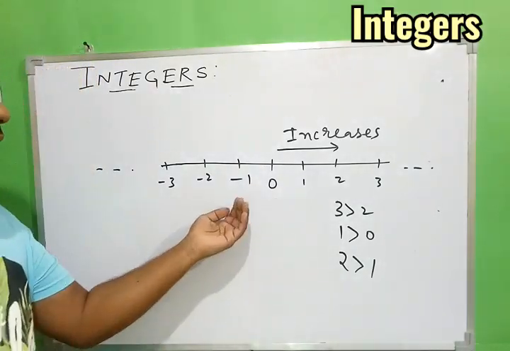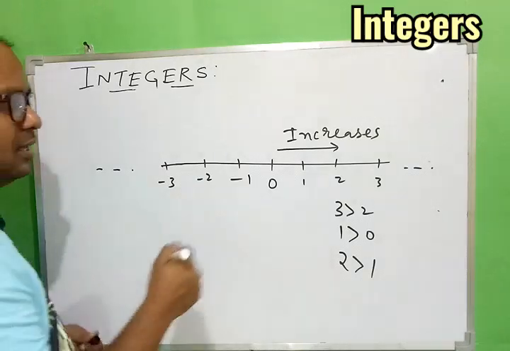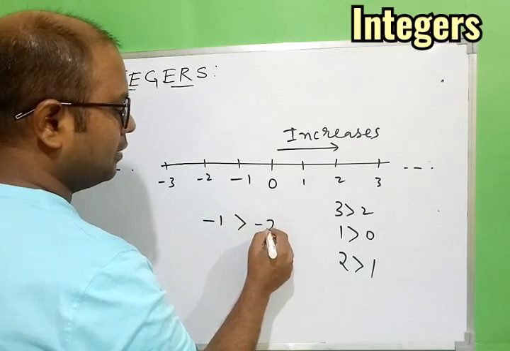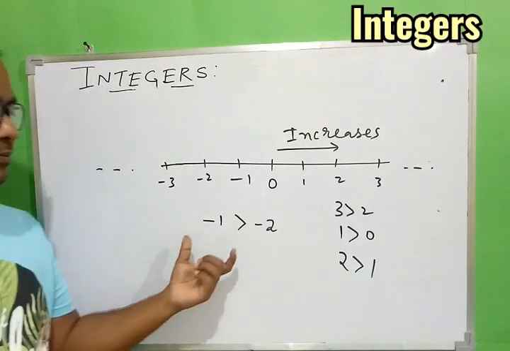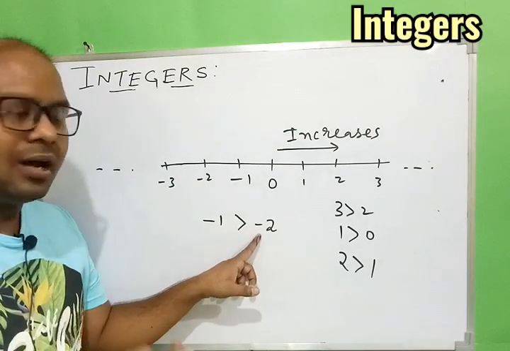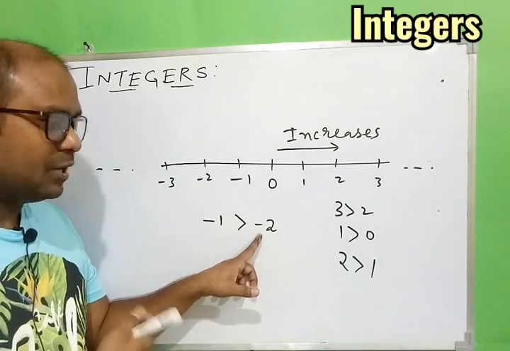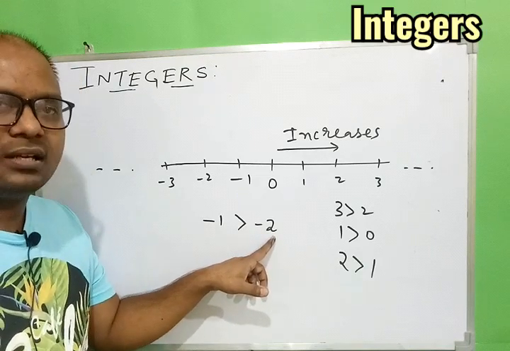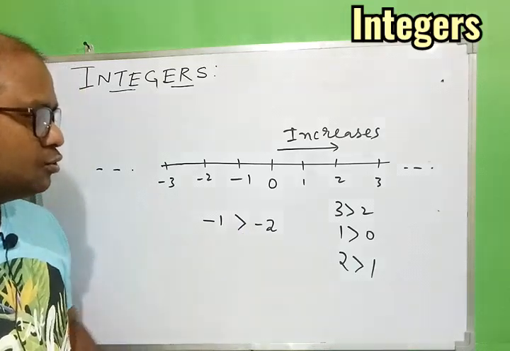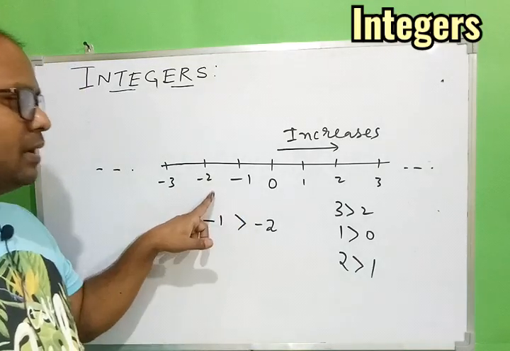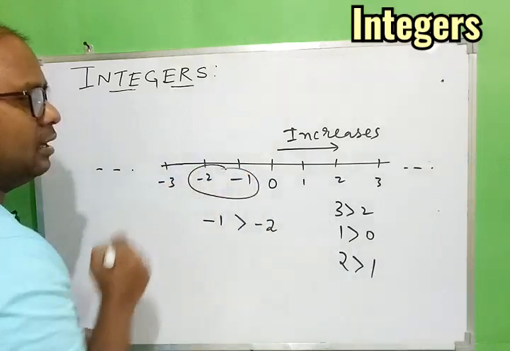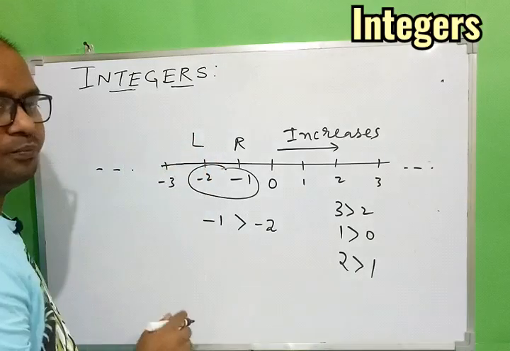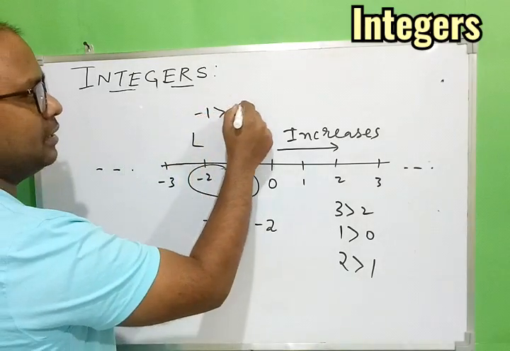If I compare 1 and 0, 1 is on the right, 0 is on the left, again 1 is greater than 0. And even if you come this side, in that case also -1 will be greater than -2. That you have to remember. If we put a negative sign, minus, in front of the number, then the more the value of the number you see, the less will be its quantity. So if I say -1 and -2, if you compare both numbers, -1 is on the right, -2 is on the left, so -1 is greater than -2.